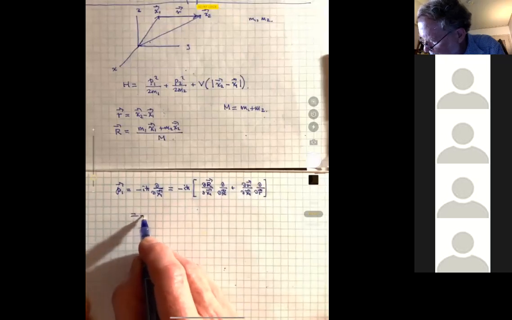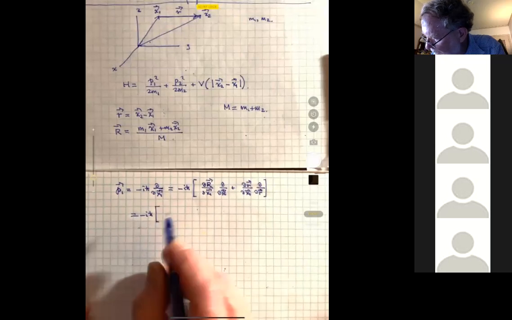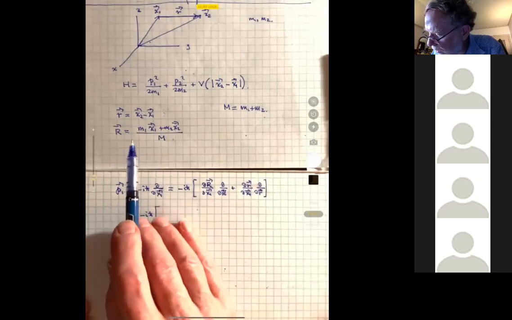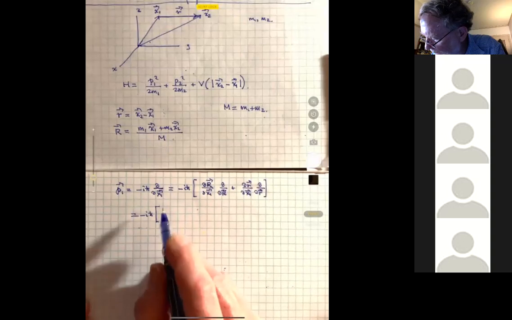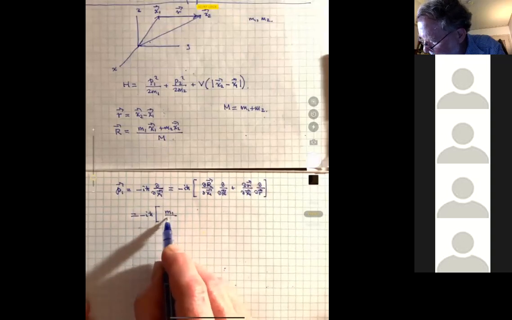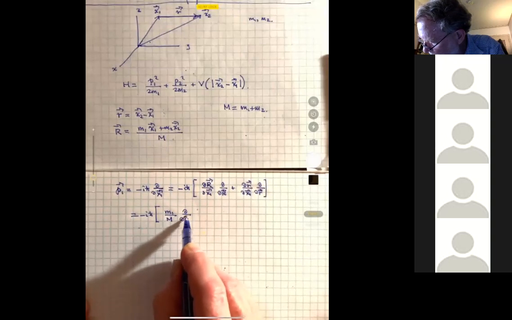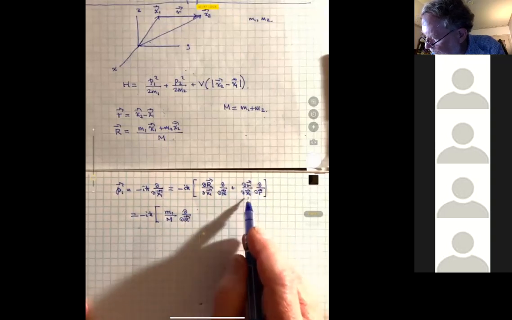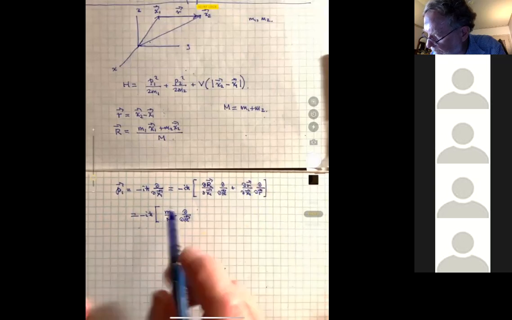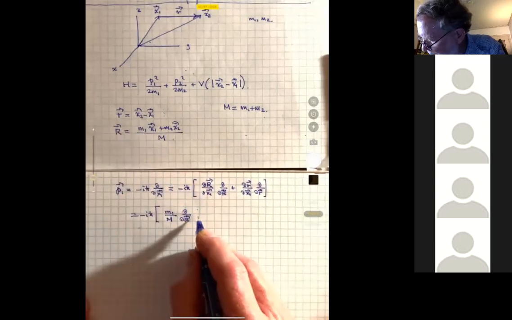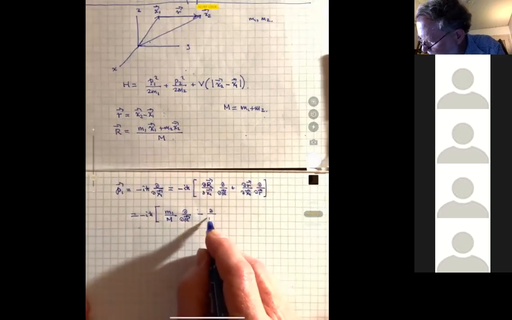And if we write this out, it becomes minus i h bar. Now the partial of big R with respect to x1, you can see, is m1 over capital M, times partial with respect to big R. And for the second term, the partial of small r with respect to x1 is equal to minus 1. So we get minus partial with respect to small r.